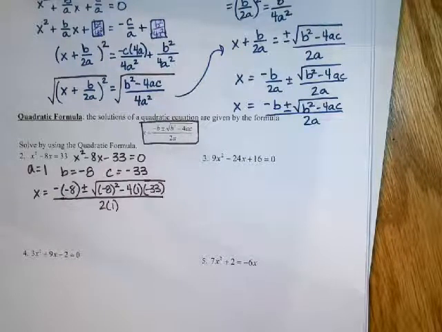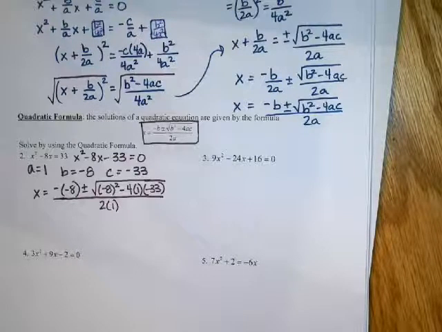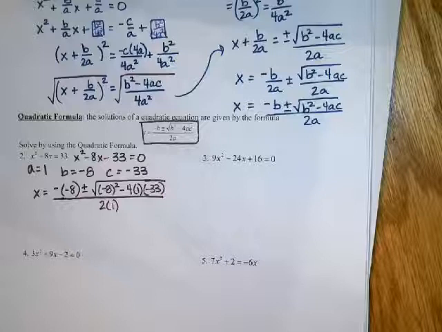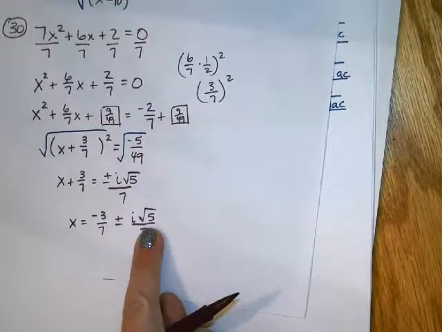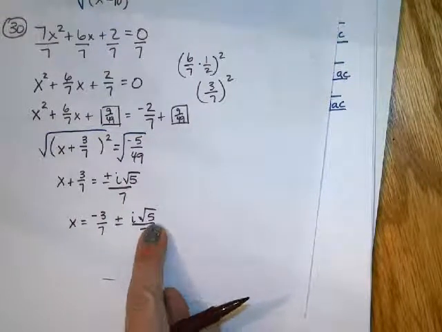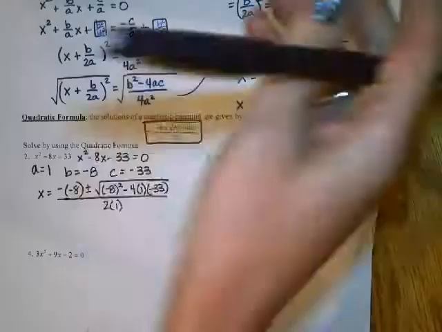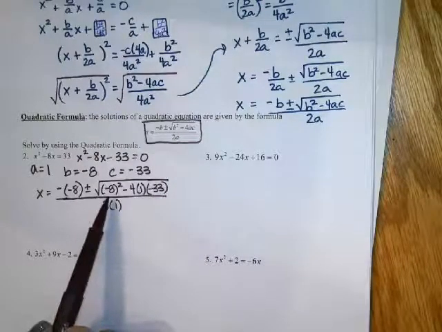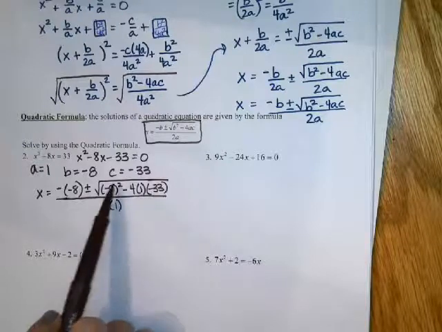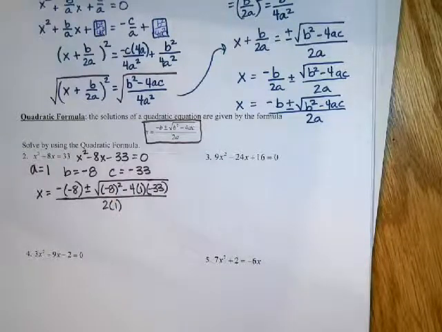Now, I don't want you to put the radical in your calculator and give me some crazy decimal. That would match kind of like what we were doing when we were graphing. I want the exact answers. So think about when we were solving them with completing the square, we were getting a radical answer or an irrational answer. So what I want to do is just put this part here in my calculator, just without the radical.